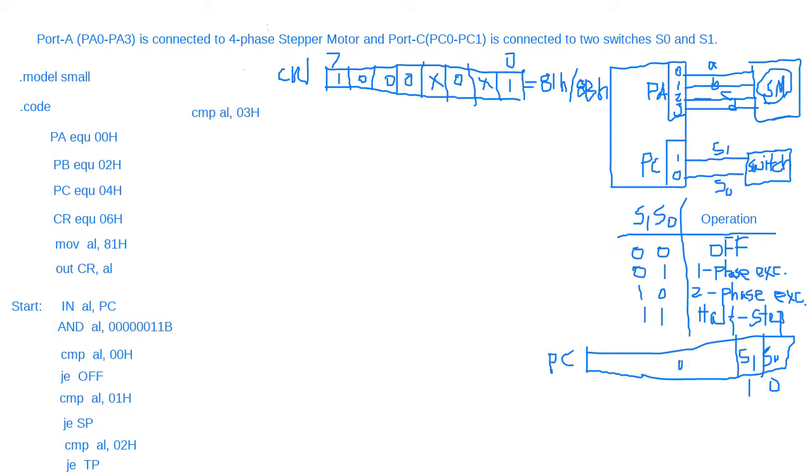So this is about the switching condition. We have 4 different conditions. Based on two switches, we have 4 different controls: 00, 01, 10, 11, and based on that, it may be off, single phase, two phase, or half step. Is it clear?